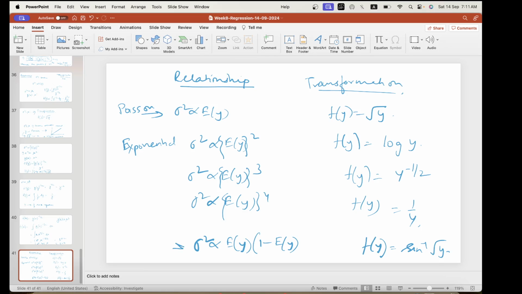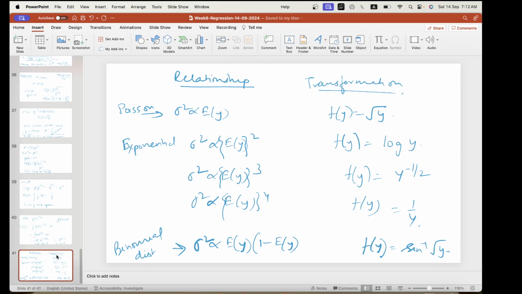This situation will arise if the underlying distribution is a binomial distribution. So this is one form of variance stabilizing transformation.